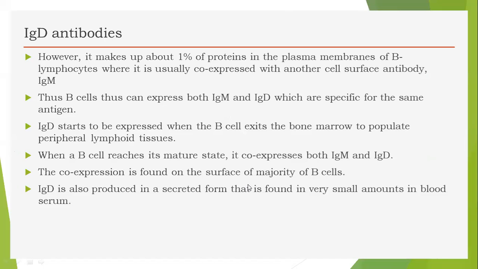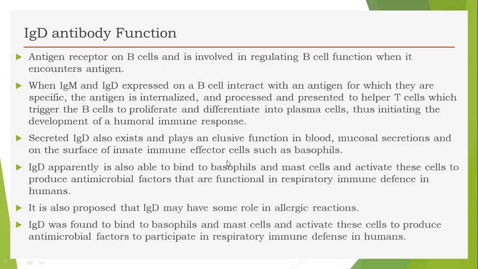Okay, so from this slide, what is important to note, first of all, is the co-expression of the immunoglobulin IgM and IgD on the surface of mature B cells, and also that it makes up about 1% of all proteins in the plasma membranes of B cells. Okay, that is slightly important to remember.